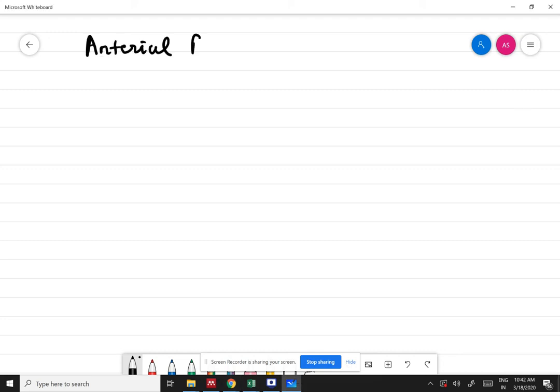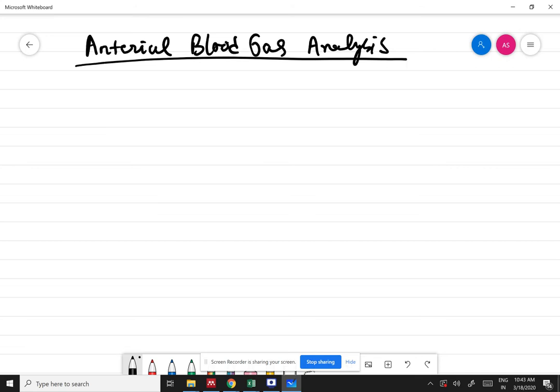Arterial blood gas analysis. This is something which will be a little bit essential to understand ventilators, because blood gas analysis, which affects the acidity and basicity of the body, or the blood supply in the body, can be affected by how the ventilators function.